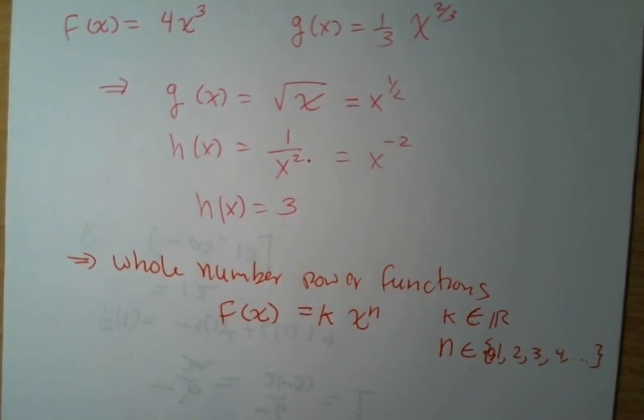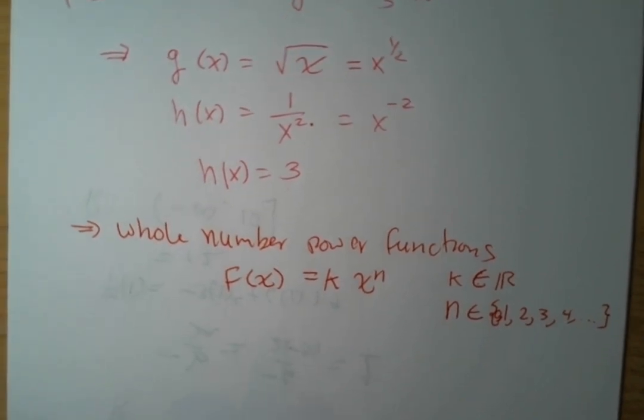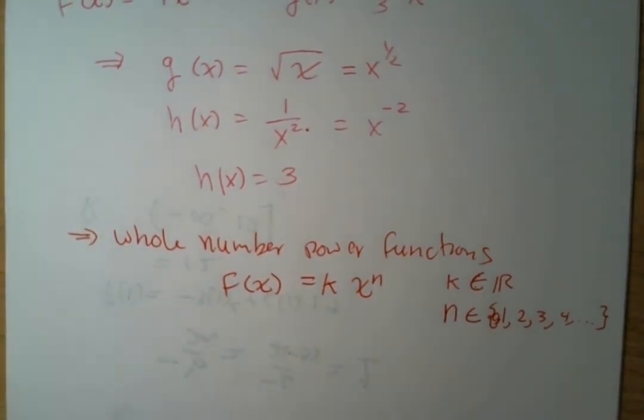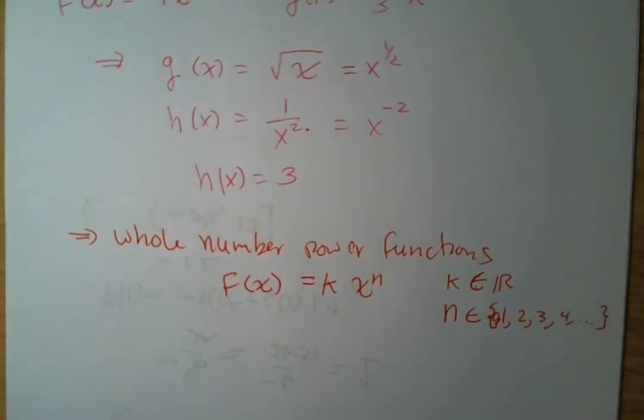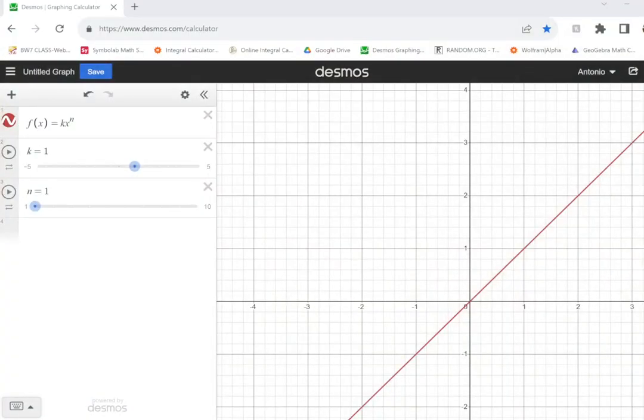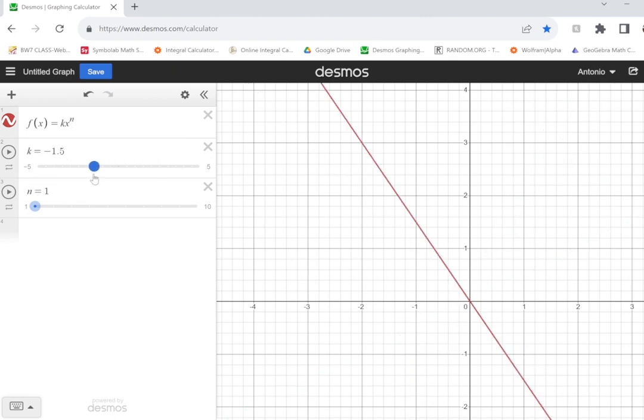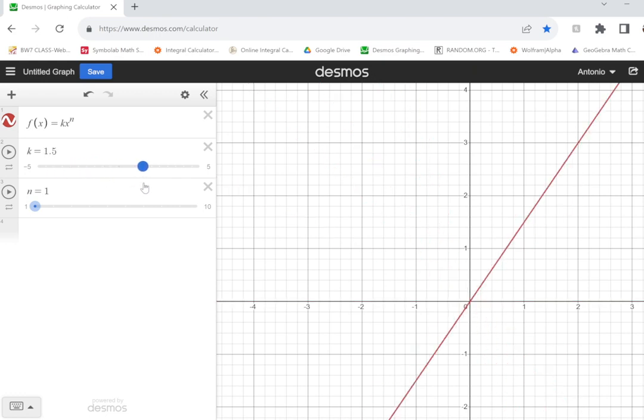Okay, so let's take a look at the graph and see if we can look at the behavior of some of these functions. What you see here is a graph of a power function, k x to the n. k can be positive or negative, ranging over values.